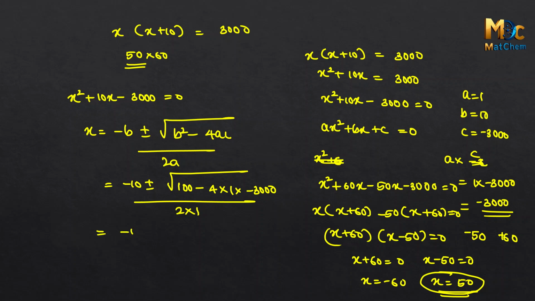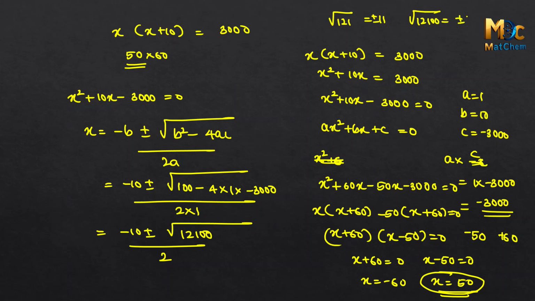That is equal to minus 10 plus or minus square root of 100 plus 4 into 3000, that is 12,000. 12,000 plus 100 is equal to 12,100, divided by 2. Then when you take the square root of 121, that is plus or minus 11. That means the square root of 12,100 will be equal to plus or minus 110.